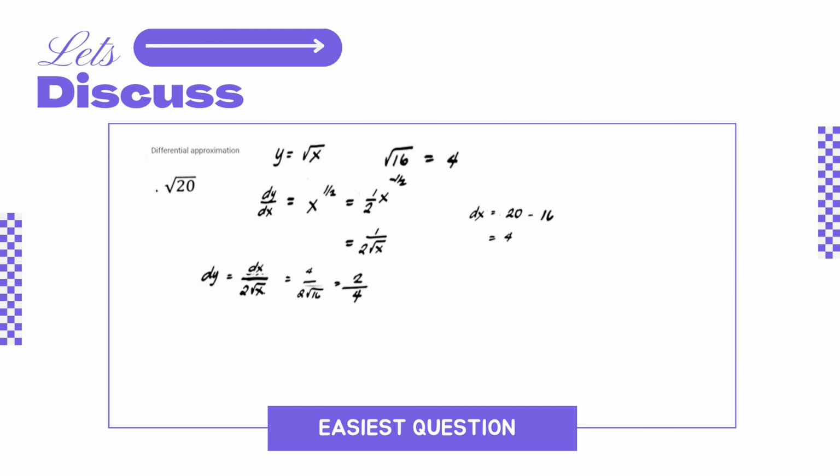If we calculate this, it's going to be a half. And then the last step is to add y and dy. So y is 4, and then plus dy, which is a half. So the final answer would be 4.5.